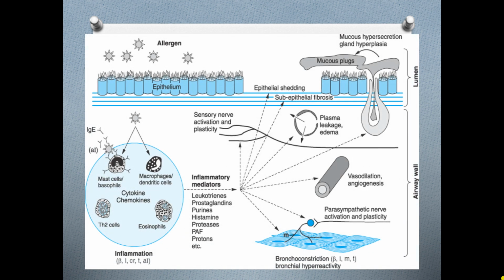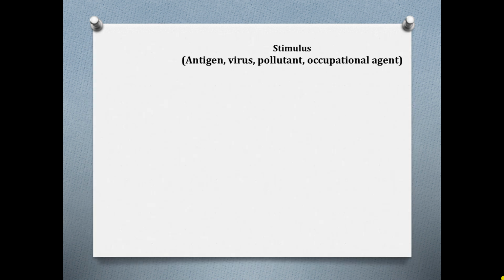This we have discussed in detail in the previous slide, so this is just a repetition. So whenever a stimulus comes, there is antigen, virus, pollutant or occupational agent.